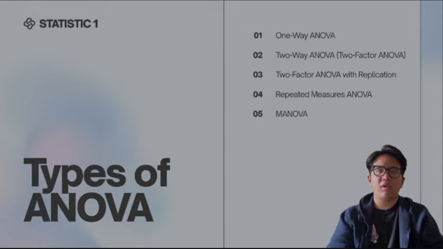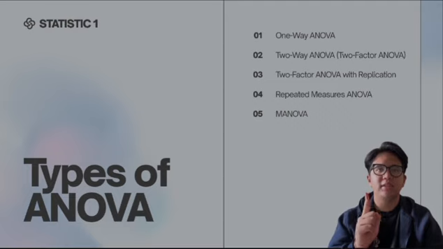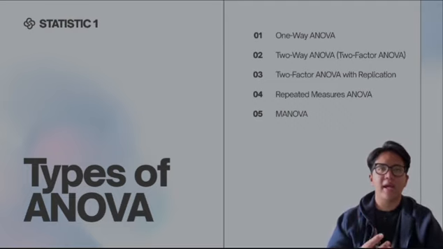Next, we talk about the types of ANOVA. There are several types of ANOVA depending on the design of the study. One-way ANOVA is used when we have one independent variable or factor, and two-way ANOVA is used when we have two factors.